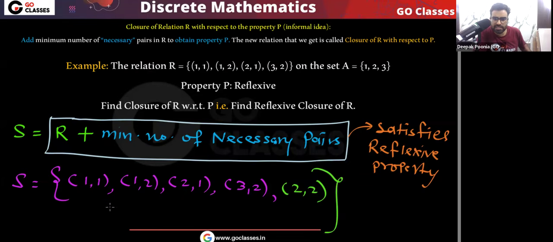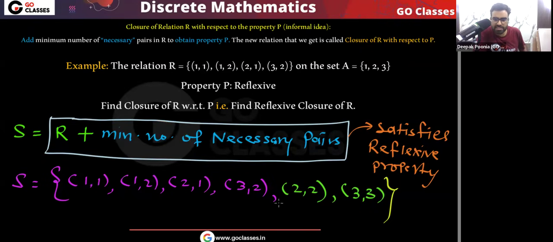But tell me, is it enough? No, it is not enough, because right now reflexive property is not satisfied. We want to satisfy reflexive property by adding the minimum number of necessary pairs. So whatever happens, (3,3) also I must add. Do you agree? Now tell me, should I add something else, or is it enough?